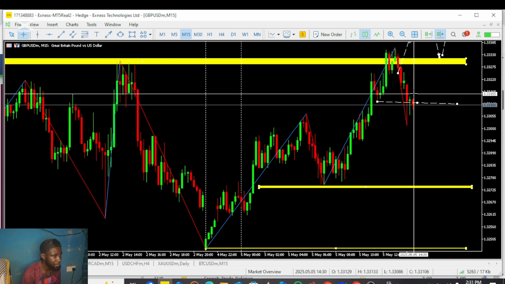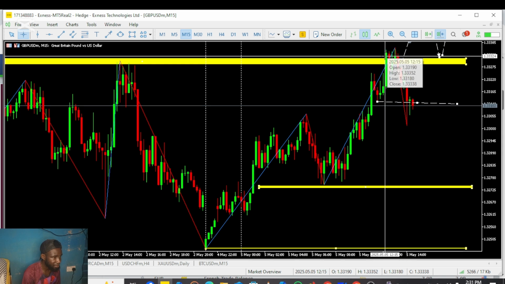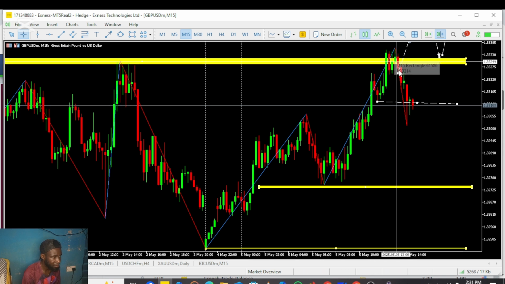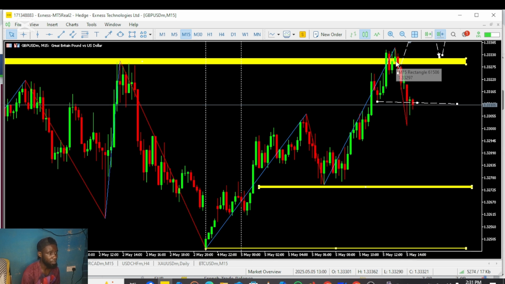You can see at this area the market gives us a shooting star over here. This means the market is coming to bearish. It's giving us a shooting star.